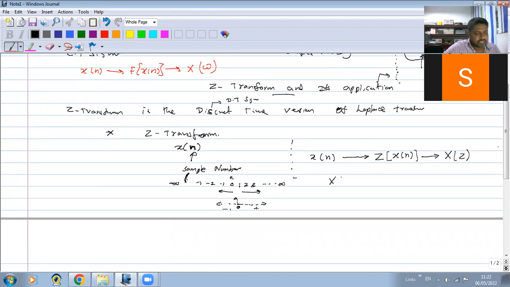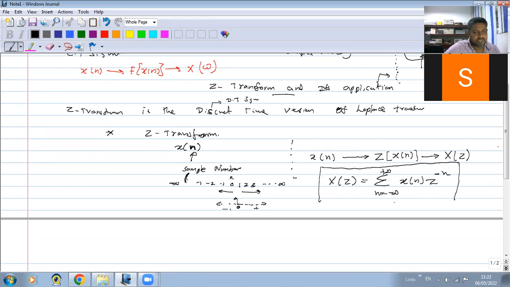So X(z) will be the sum over n from minus infinity to plus infinity of x[n] z to the power minus n. This is the definition for Z transform.